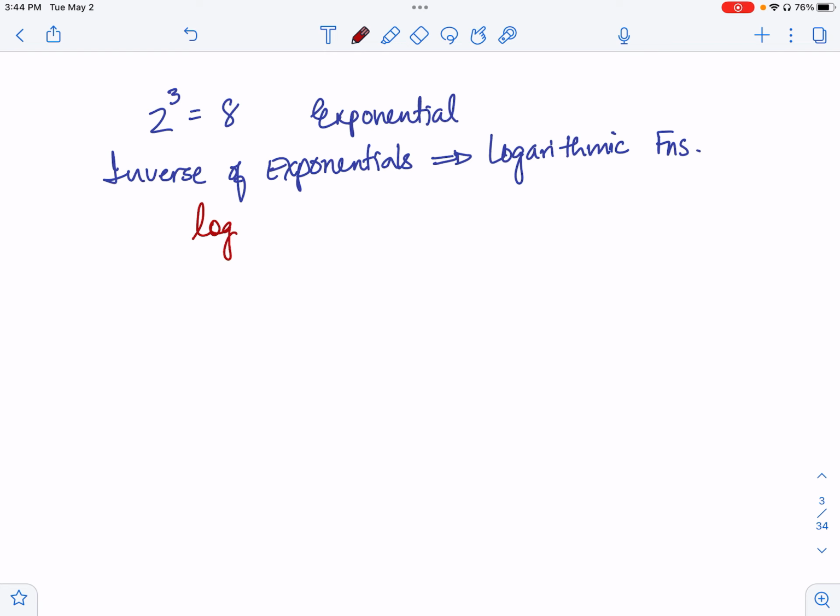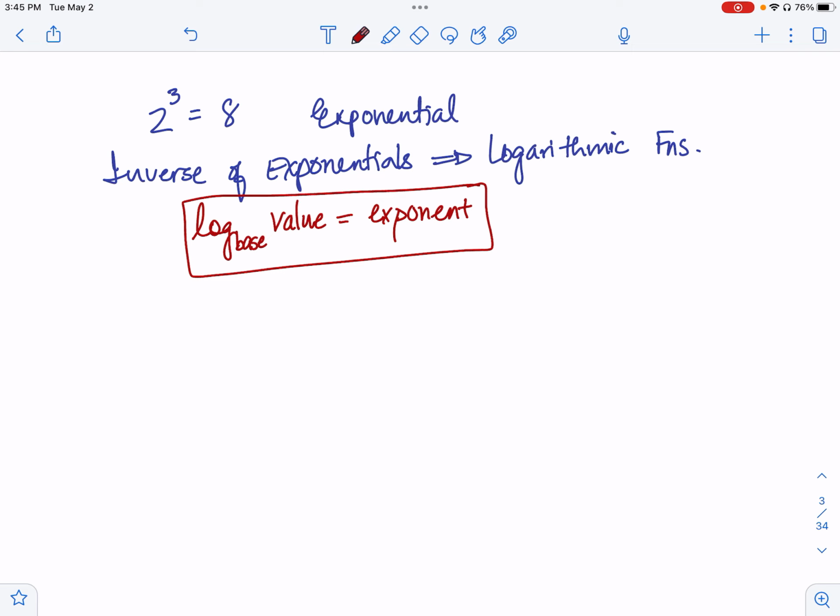Here's the basic definition. Logarithmic is condensed to just log. Then log is associated with a base value, followed by a value, which will be equivalent to the exponent. The exponent is the answer to a log problem, versus for an exponential, where the exponent sits in the exponent position, obviously.